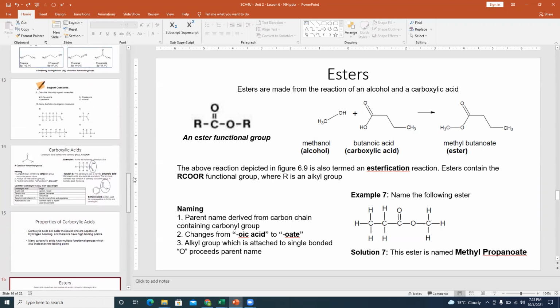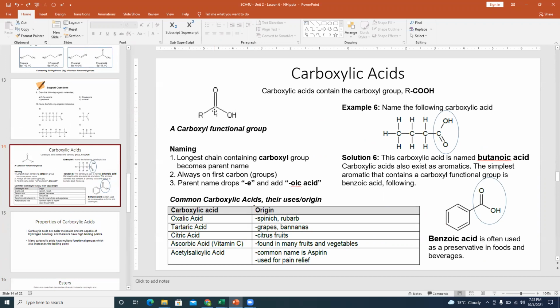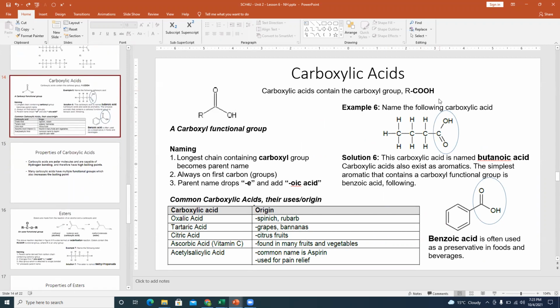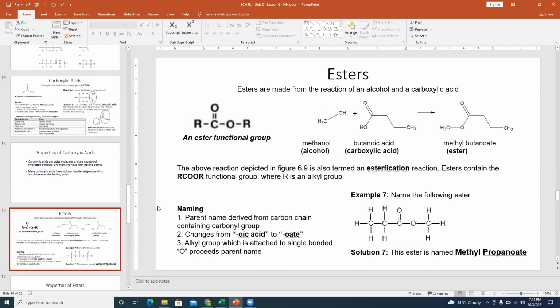We talked about carboxylic acids with the COOH. Esters are kind of like that, except instead of the COOH, it's a COOR. It doesn't end in a hydrogen, it continues. There's something else beyond this, other hydrocarbon groups continuing.